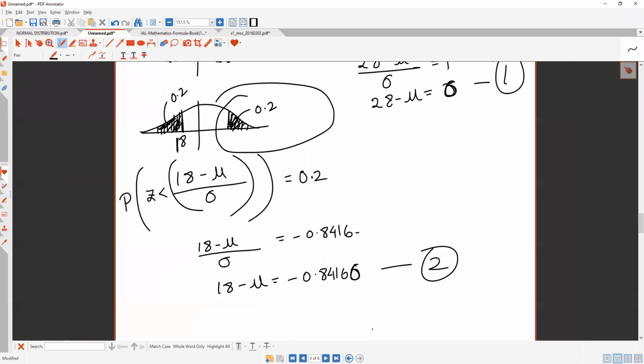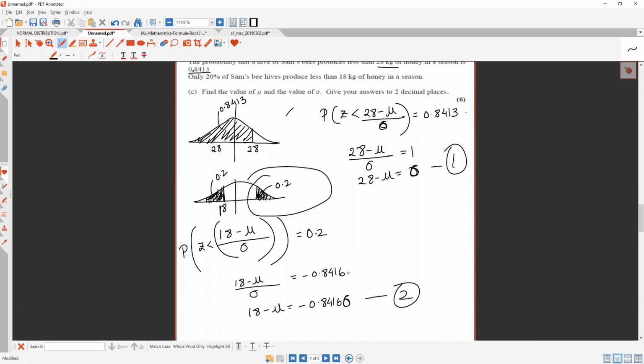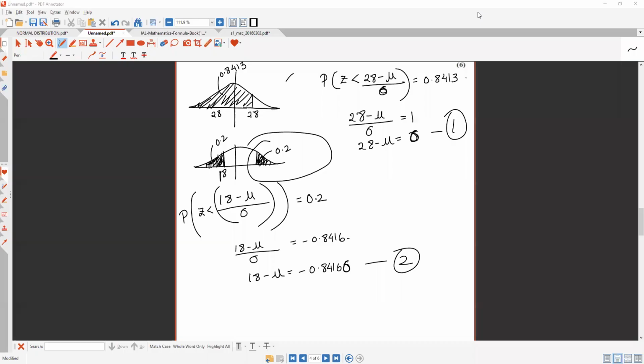So I hope all of you got both the equations. Now you guys will find mu and sigma for me. I'll pause the recording. Start with this. Okay, so what are the values of sigma and mu you got, so that I can compare with the mark scheme? Mu is 18.841. And what is sigma? 9.1582.